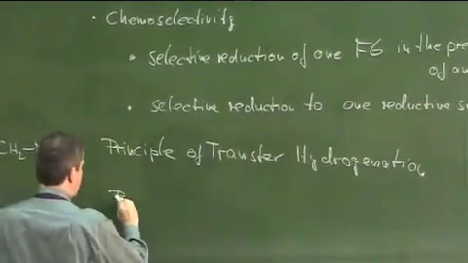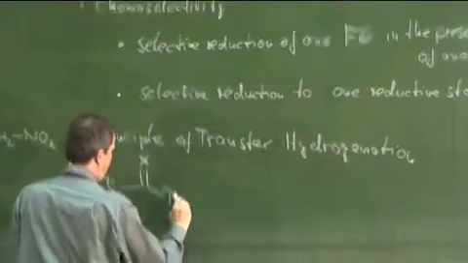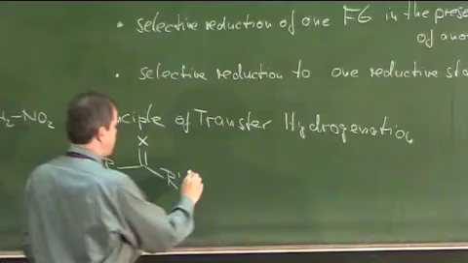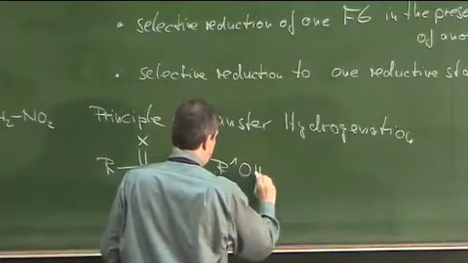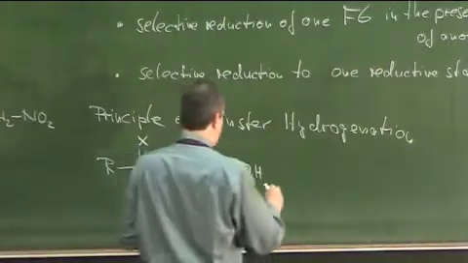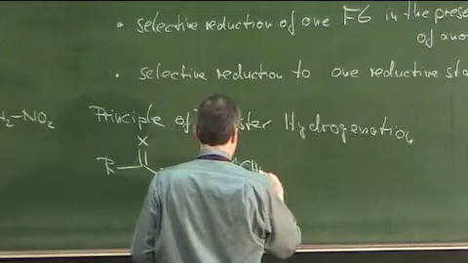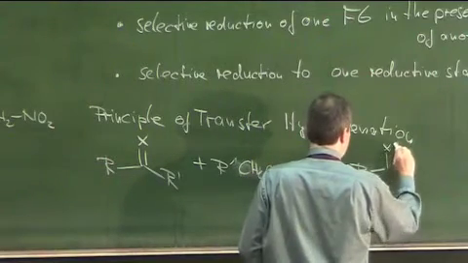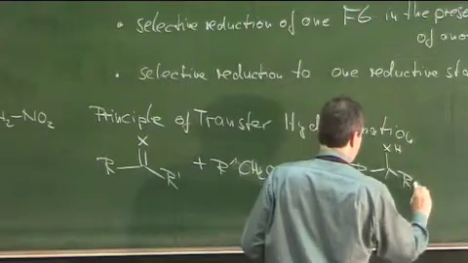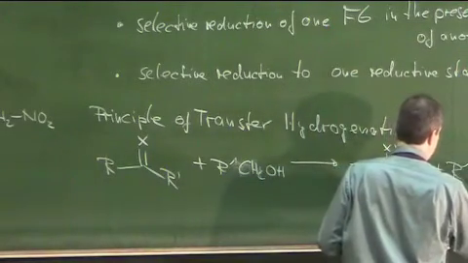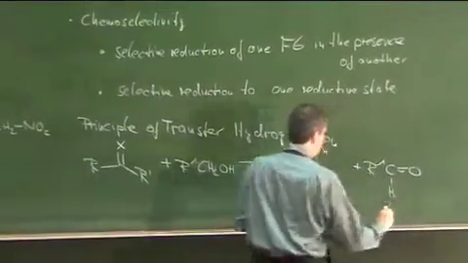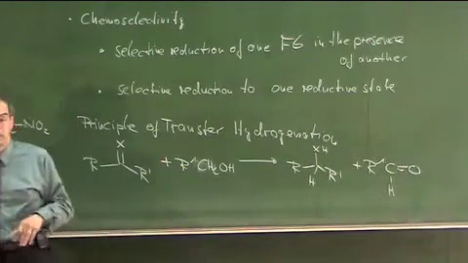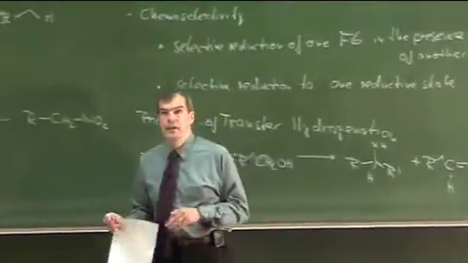The idea here is that you can take an unsaturated functionality like a carbon-oxygen or also carbon-carbon double bond, use your alcohol as a hydrogen source, and then effect the reduction by simultaneously oxidizing the alcohol to the corresponding aldehyde or ketone.